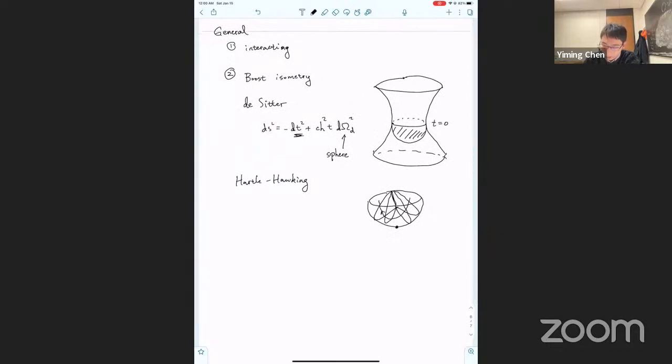That tells you that if we cut the t equals 0 slice into two halves, the left half and the right half, we can continue along the Lorentzian continuation of this Killing vector, and that will give us a Rindler-like horizon that looks like this.